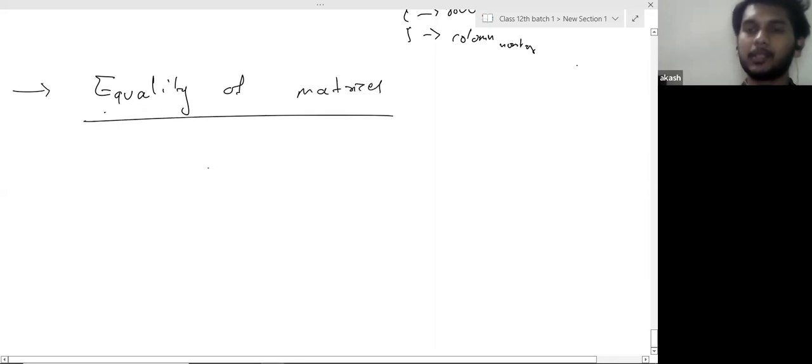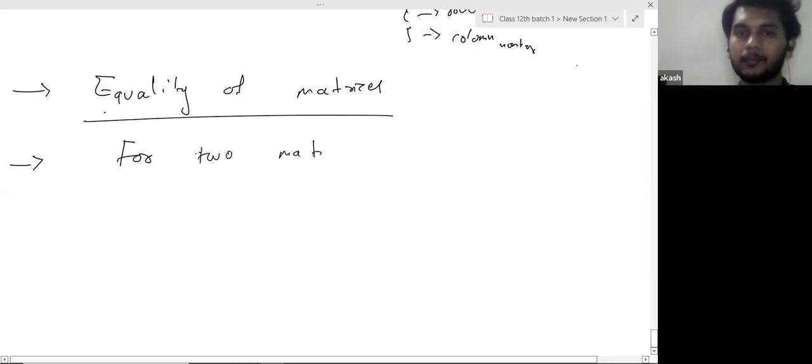When are two matrices equal? You can write down after I explain. Now just keep your pen on your desk and listen. For two matrices to be equal, their order must be same.